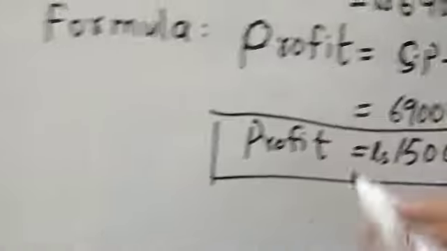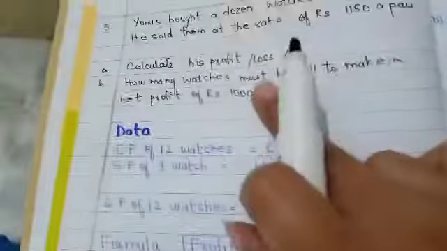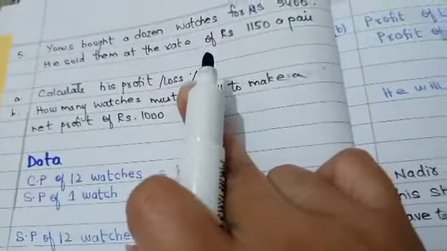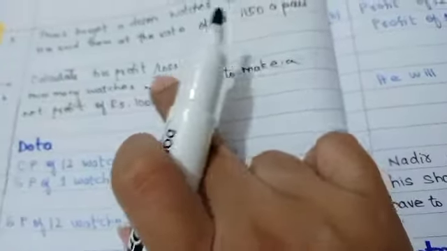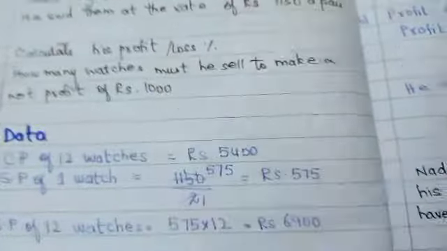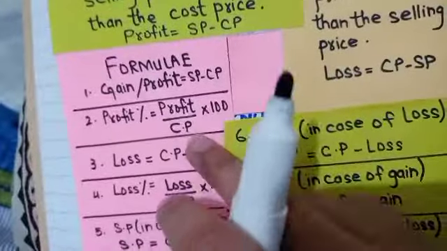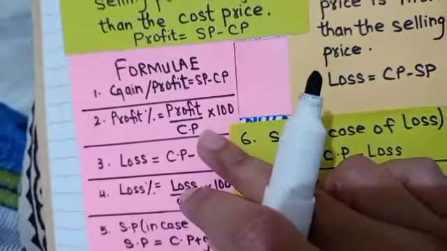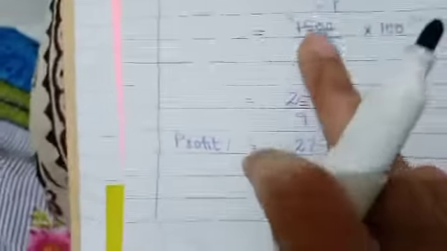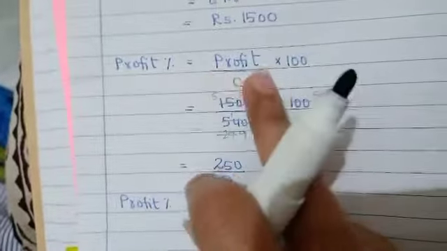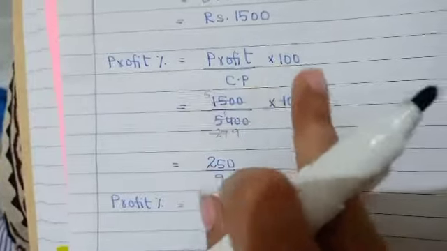Now what was the original thing to calculate? A part was to calculate profit percentage. It is not a loss, it is profit percentage, so we will calculate profit percentage. How will we calculate? Please look back to your formulas and we will choose the formula according to it. We have to calculate profit percentage, so this formula we will use: profit upon cost price multiplied by 100. So you will write profit percentage is equal to profit upon cost price multiplied by 100.